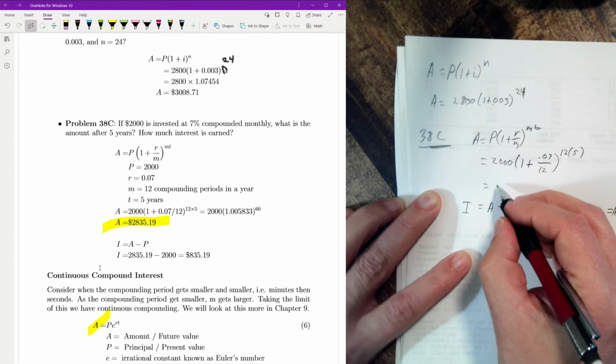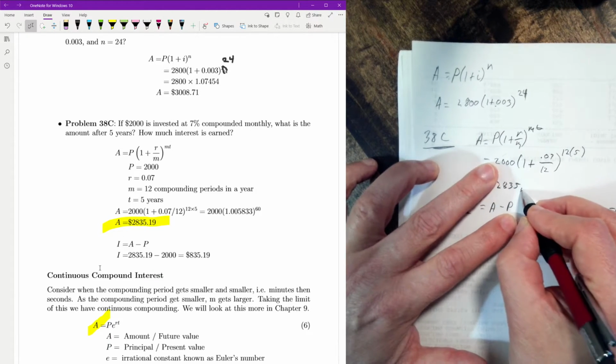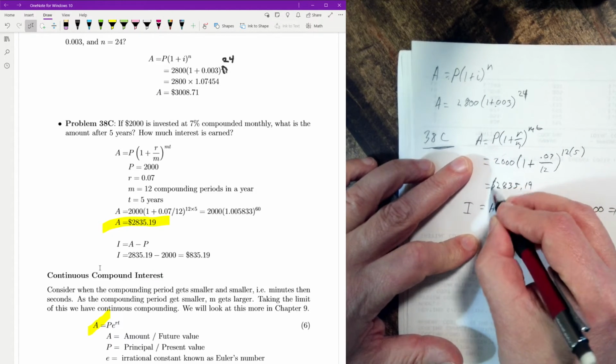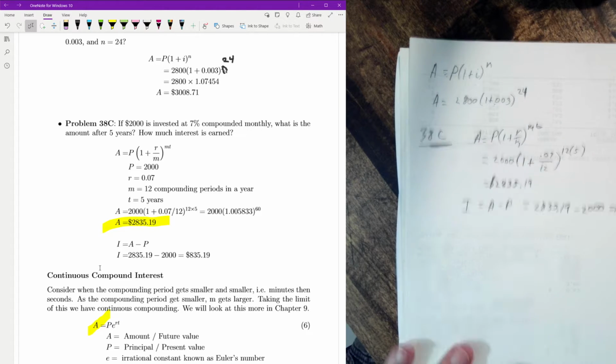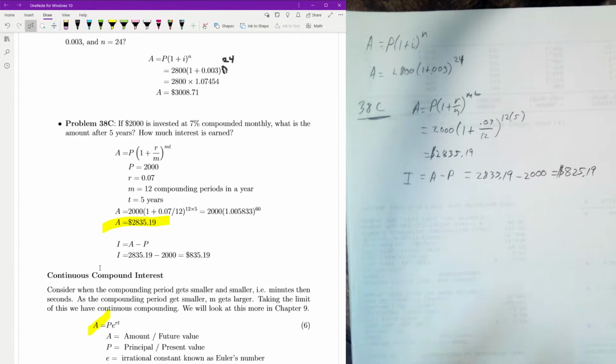We'll correct this one, so 2835.19. Sorry, let me make it in the right position there. I'm going to adjust this just a little bit.